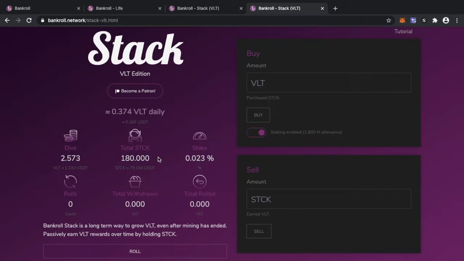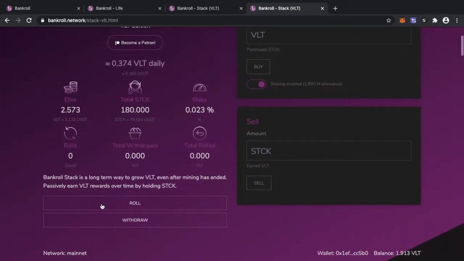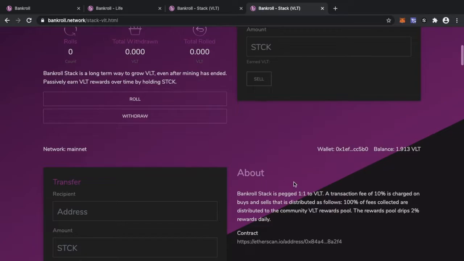So if you put some stack into the platform, you will get a daily return in VLT. Obviously, the larger your stake in the pool, the bigger your daily return. And then again, like Life, you've got two options. You can either roll those VLT dividends back into Stack and take advantage of that compounding factor, or you can withdraw and go back and start trading.